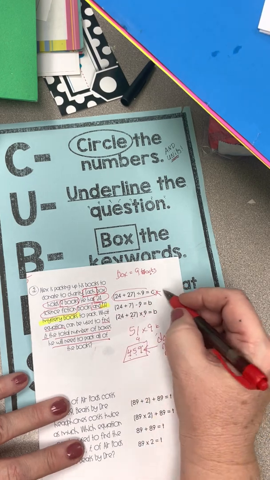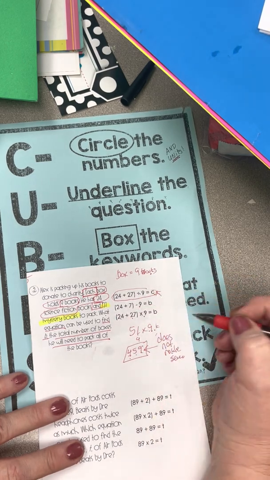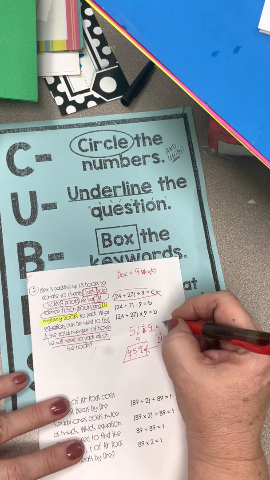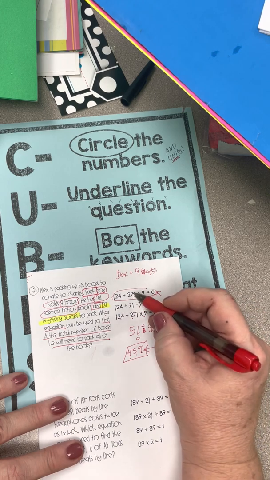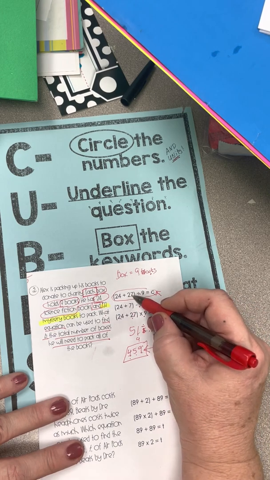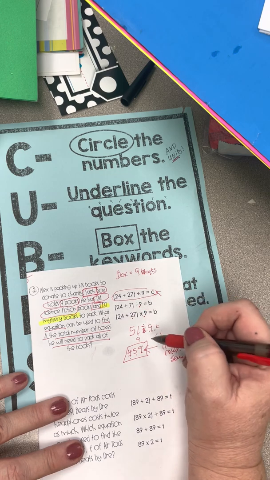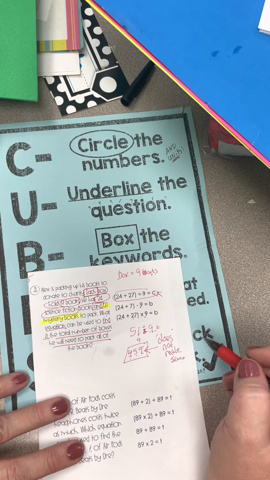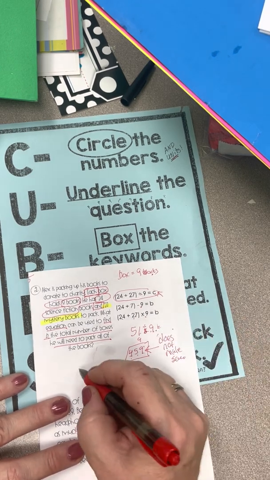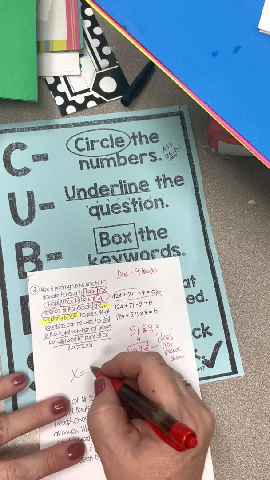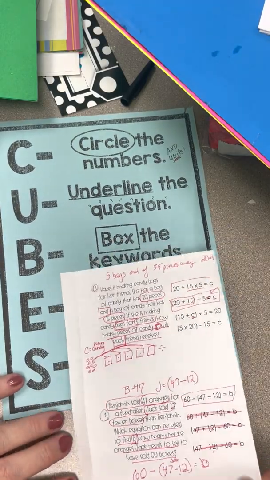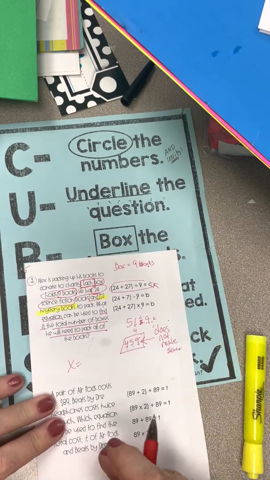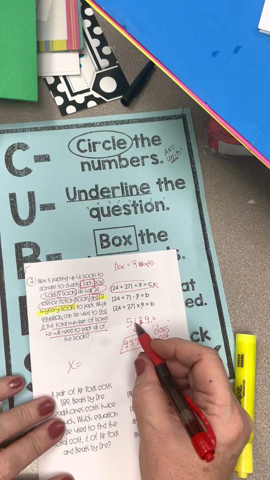So once I get my answer, well, we know that 51 divided by 9, that's not going to go in there evenly, is it? Let's see. It's going to be an uneven number, so one box is not going to be completely filled, right? 54 would be 6.